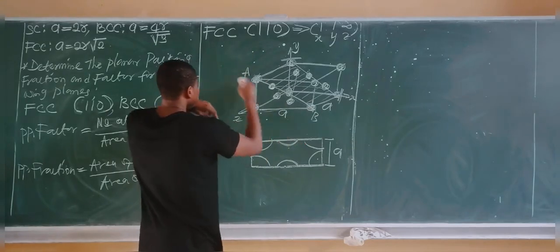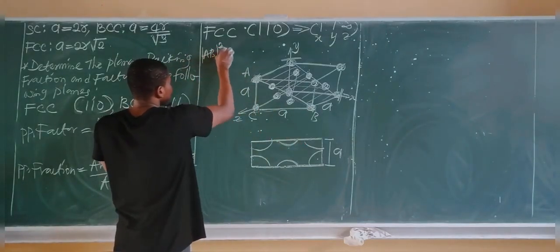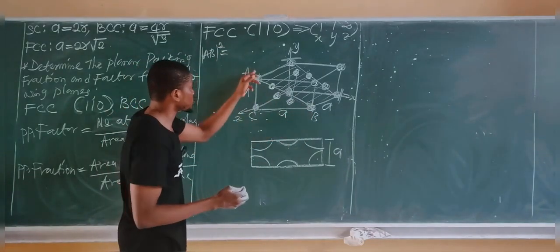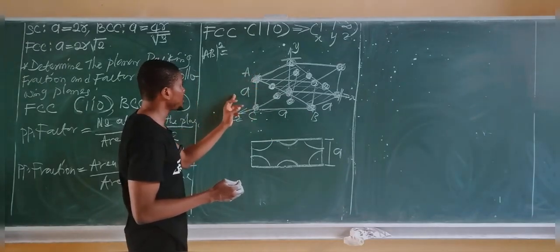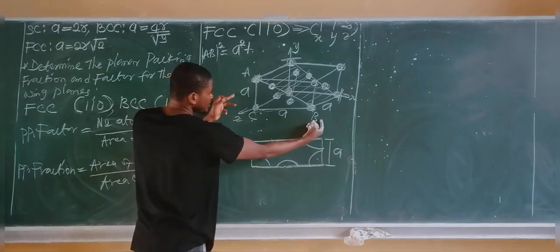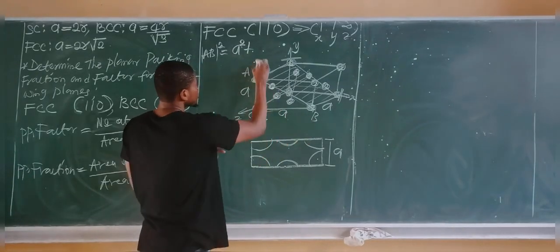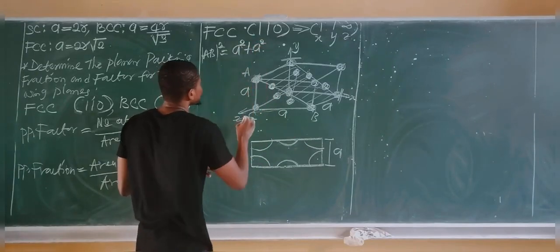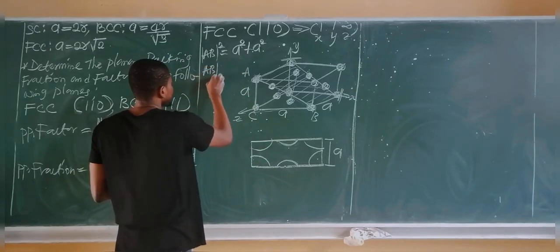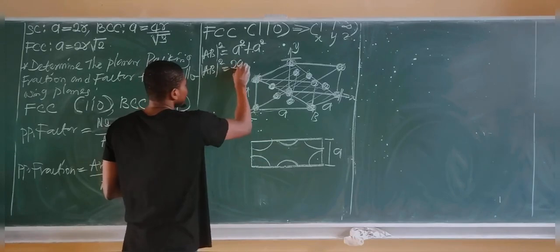To find AB squared, I'm just going to do a rough sketch here, because we've done this already in our previous video on crystallographic planes. AB squared is equal to AC squared plus CB squared. AC is A, so AC squared is A squared, and CB is also A, so CB squared is A squared. So AB squared is equal to A squared plus A squared, which gives 2A squared.